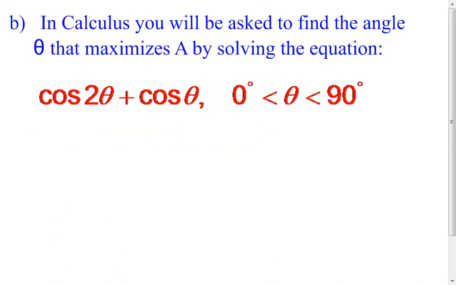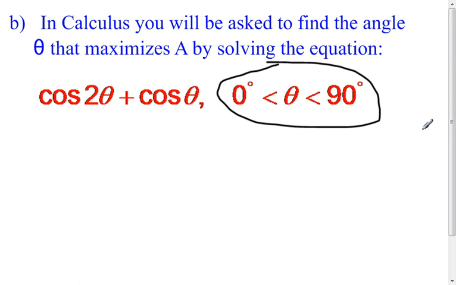All right, then it talks about how in calculus, one way you'll find that angle that maximizes the area is by solving this equation. Notice it says to solve it, not to maximize it, but to solve it, okay? Your window will be the same because you're still between 0 and 90, so I don't need to worry about that. I am going to pretend that it is set equal to 0.